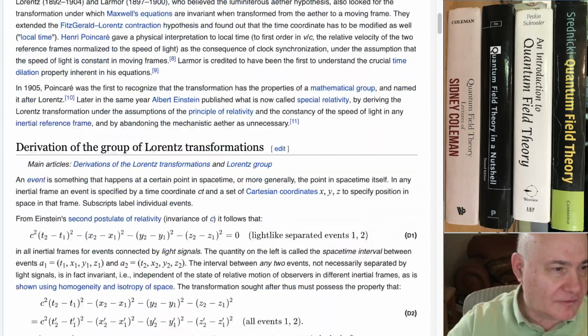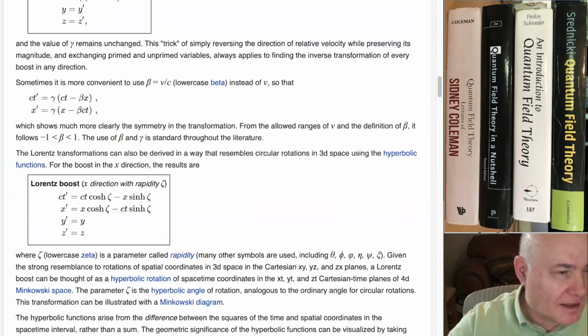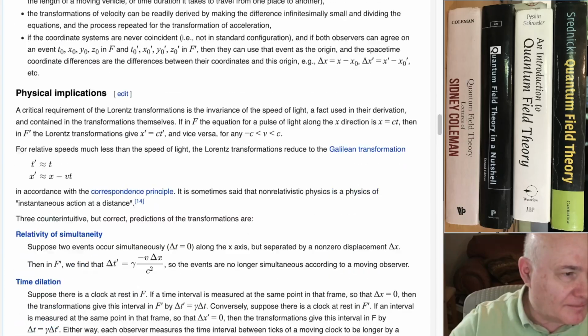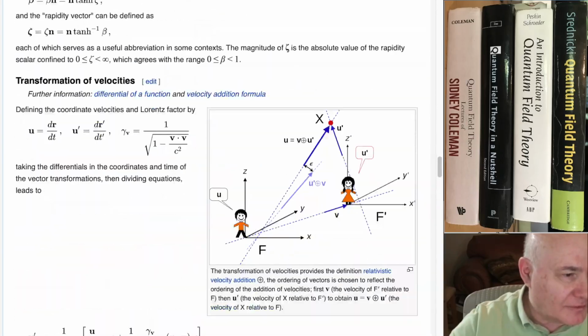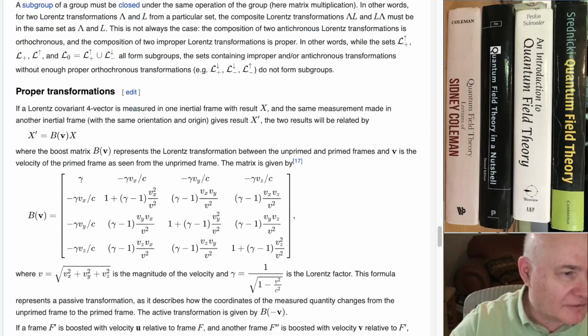They have a lot of things on here. It's not a bad page if you already understand them. Here it is. Okay, so you can see this thing on BV, if you compare it, it's the same as ours except for the sign of the velocity is different because I'm doing an active transformation.